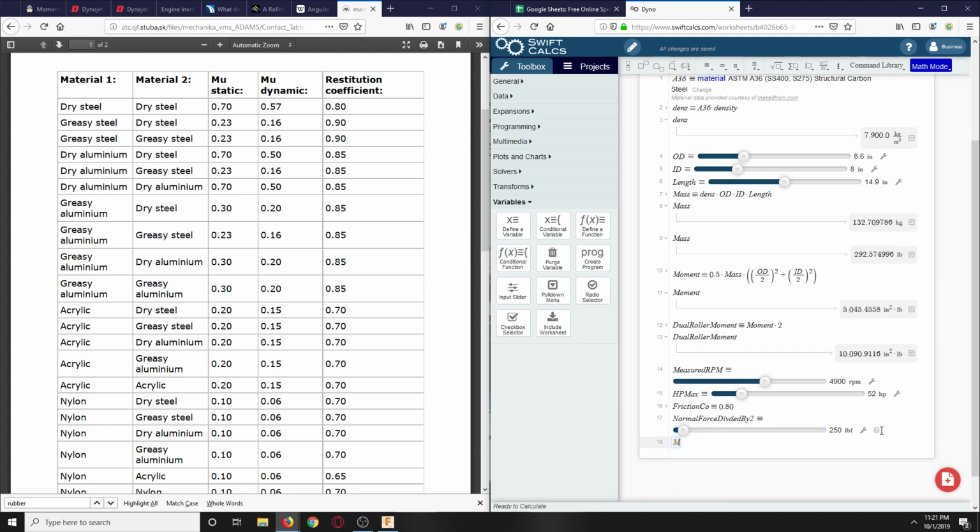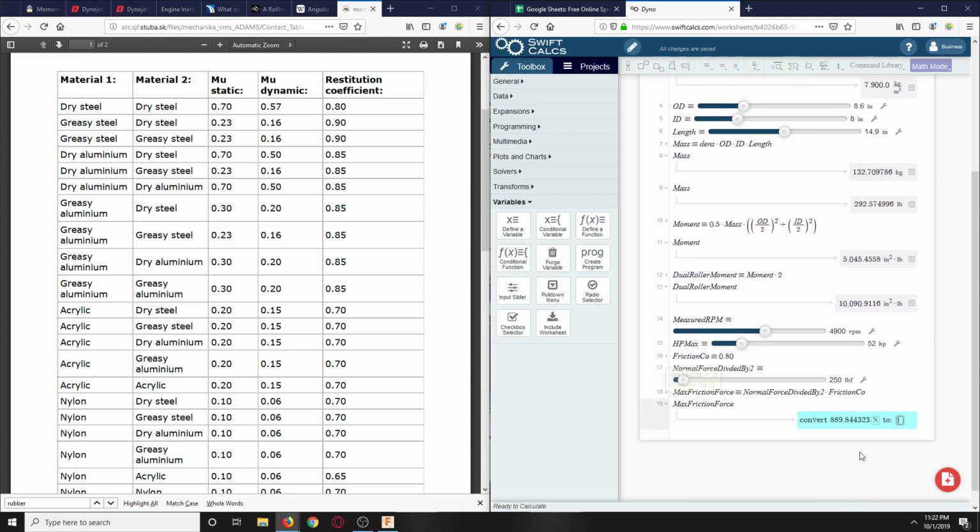So max friction force is equal to normal force divided by 2 times friction coefficient. Max friction force is 900 newtons, pound force.